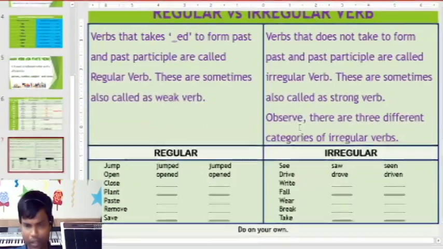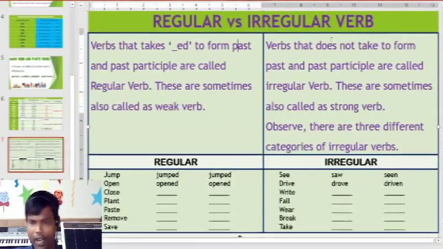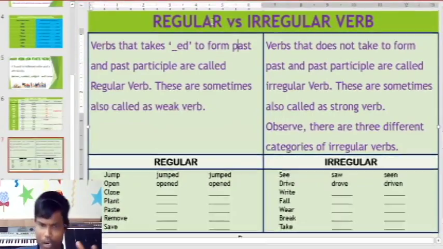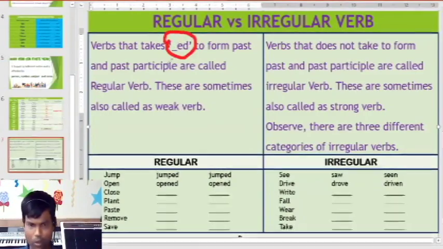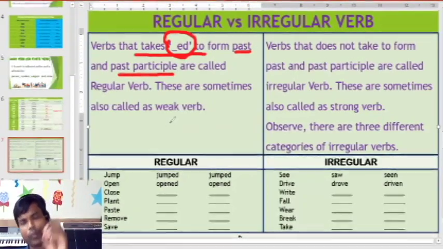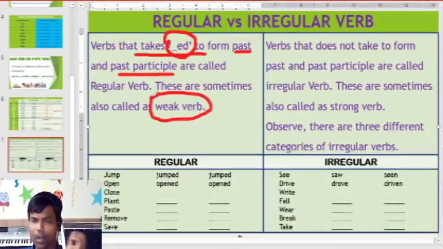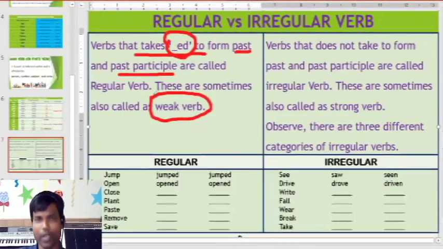Now see here is regular versus irregular verb. Now you know, and I'm just going to give you a kind of recap, a kind of revision. See, ed, it is a repetition actually. So here verb that takes ed to form past and past participle, and this is also known as weak verb. If you are finding it difficult, you don't have to study weak verb. Just understand what a regular verb is. Don't have to get confused with lot many words.